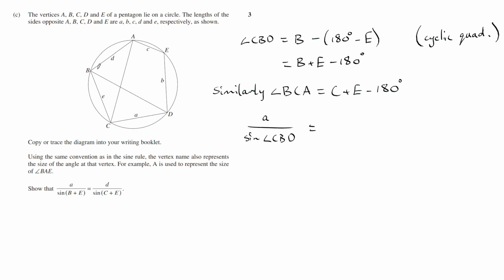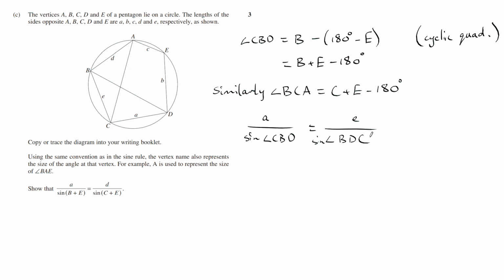Now we can't really do this side on this angle because that's not given a name, so I'll choose the E. You could, but it seems more obvious that E on this angle is going to be involved. Sine angle BDC.